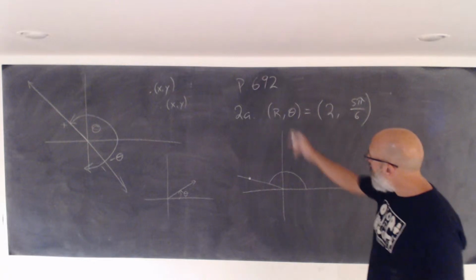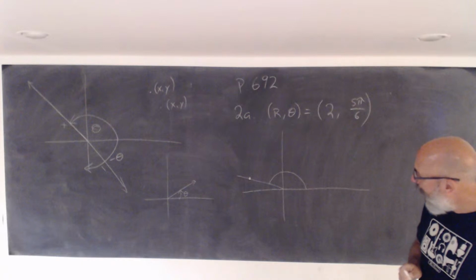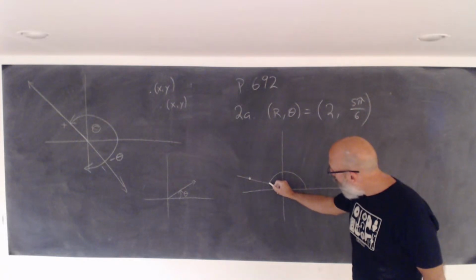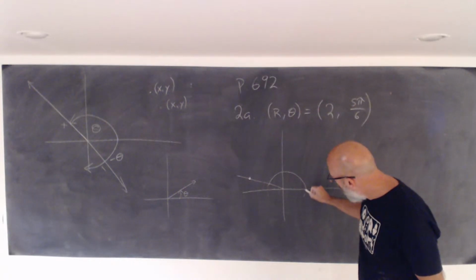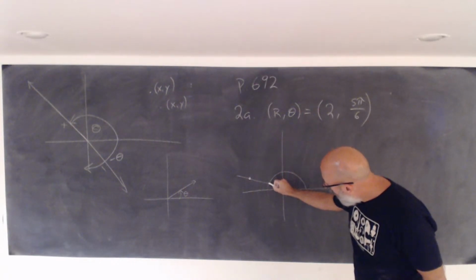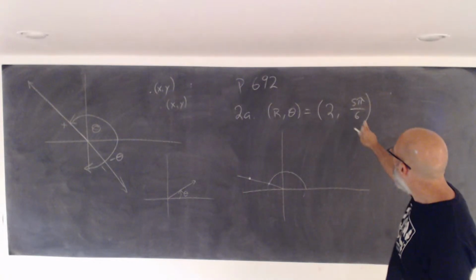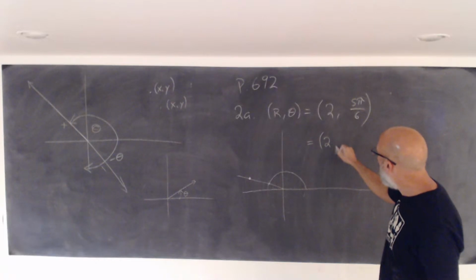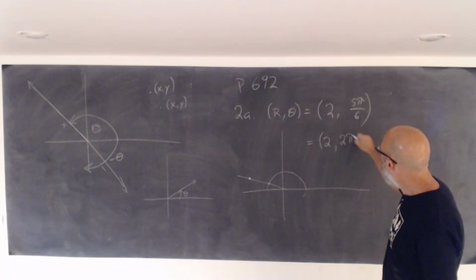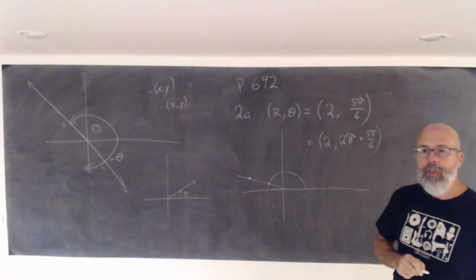Let's describe this same point in a different way, right? If you keep going another 2 pi, you're back here. Right, so if you add another 2 pi, it's going to give you the same point.